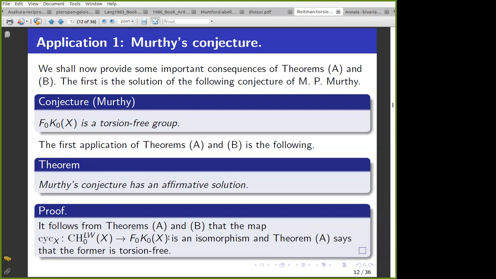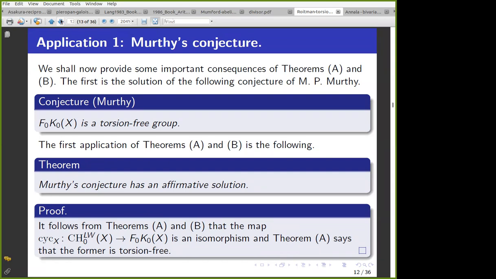So by definition, my singular locus is the actual singular locus of X union all the components which have dimension smaller than the maximal dimension. Okay, thanks. So that's the proof of Murthy's conjecture.